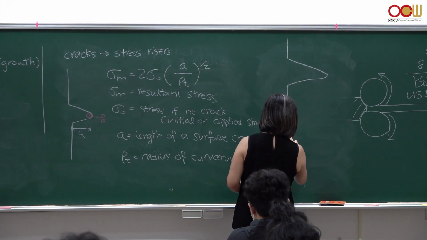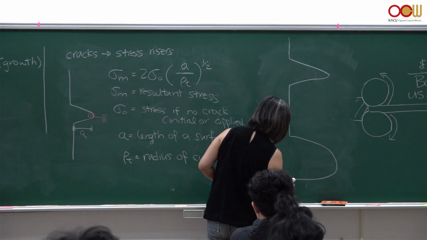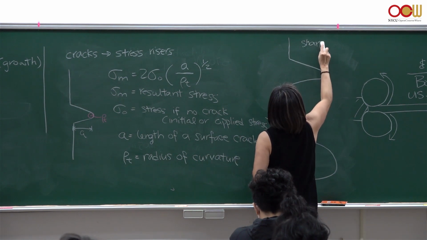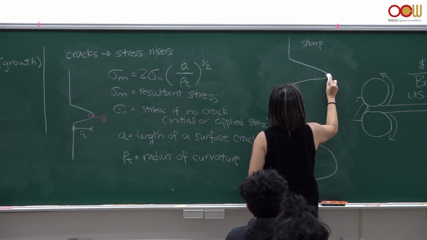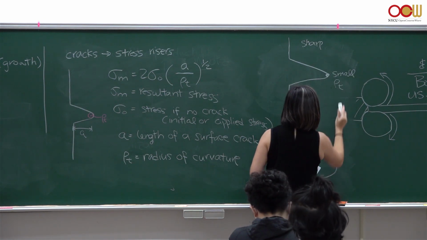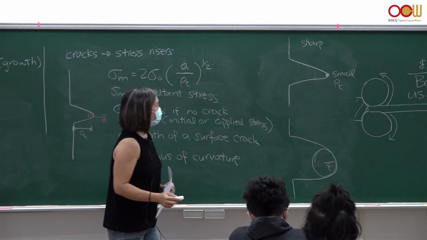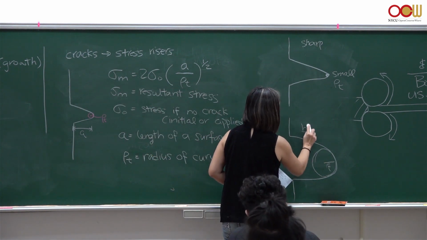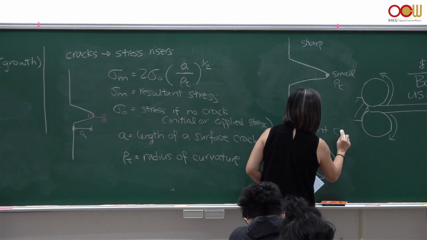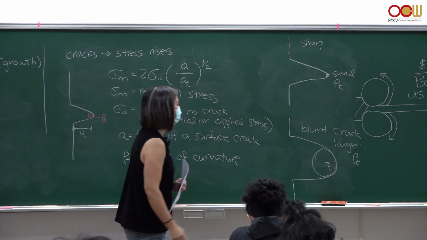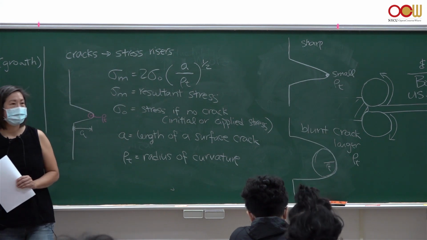So if I have a sharp crack versus a blunt crack, a sharp crack will have a very small radius of curvature, whereas a blunt crack will have a larger radius of curvature.